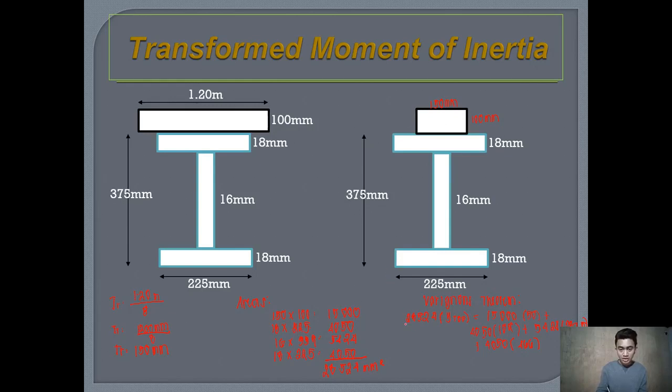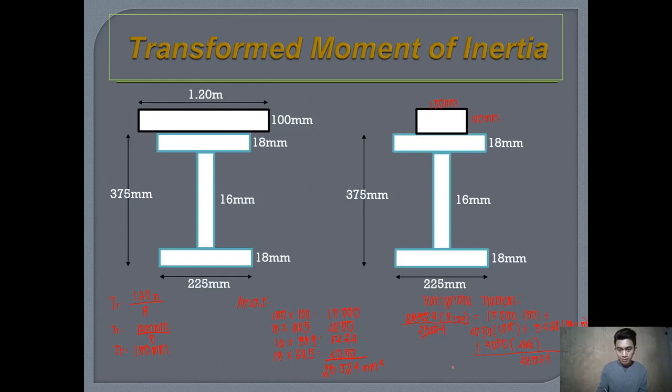Divide both sides by the total area. So this is now 28,524, which will cancel out. And then this part by 28,524.